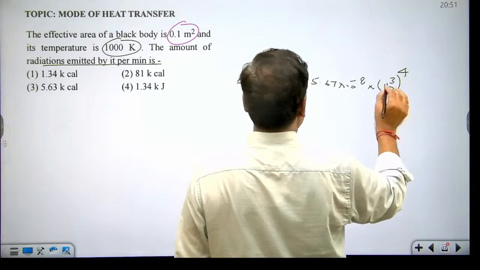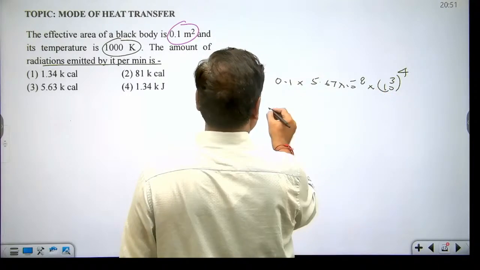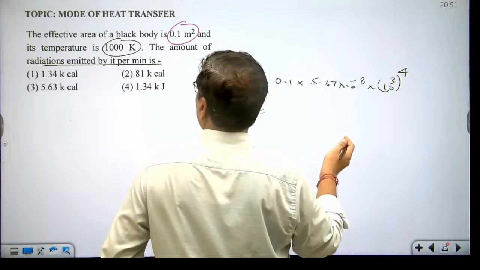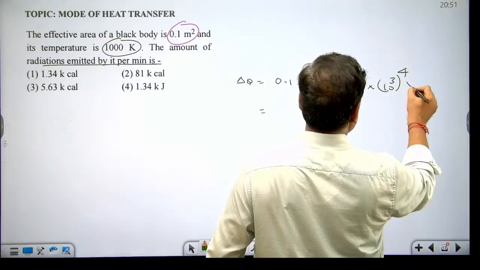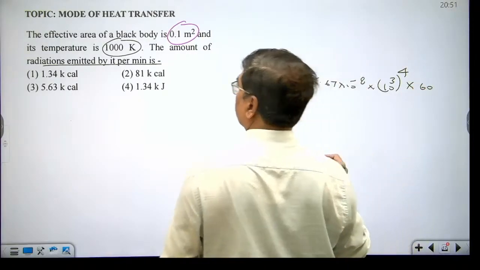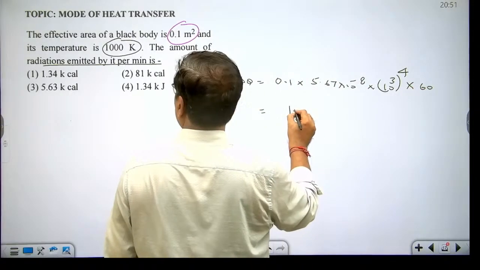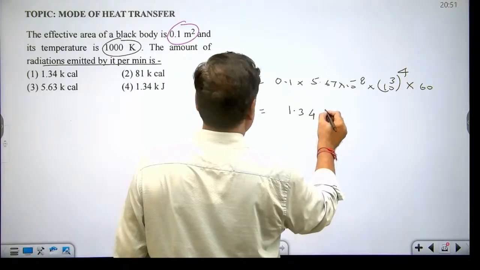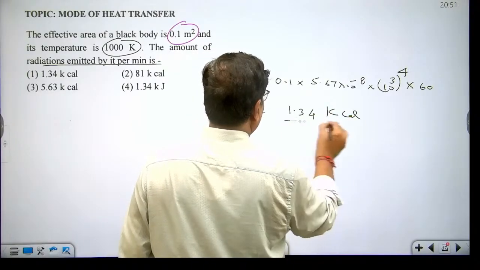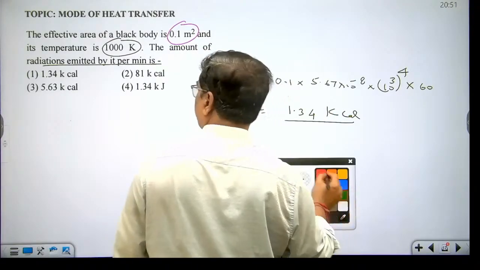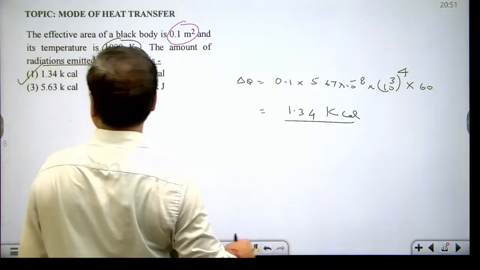After solving this, it is per second, so per minute we multiply by 60. After solving this, we will get 1.34 kilocalorie. Out of four choices, the correct choice is option 1.